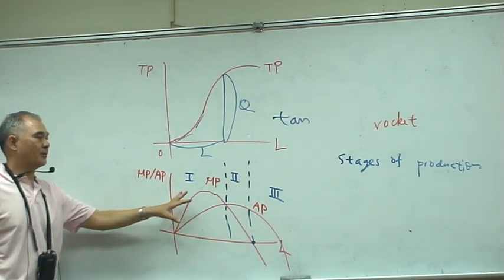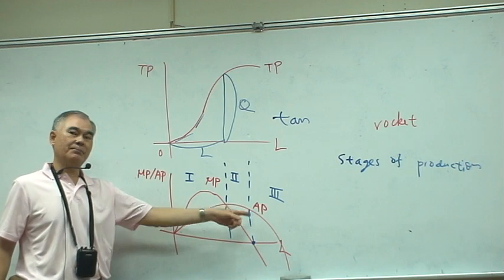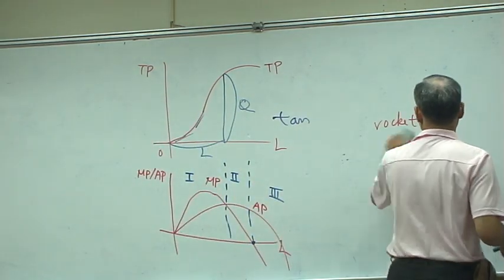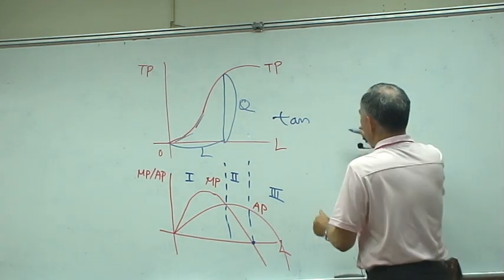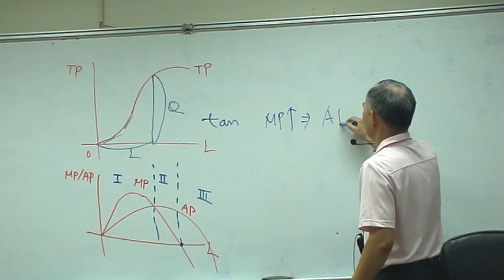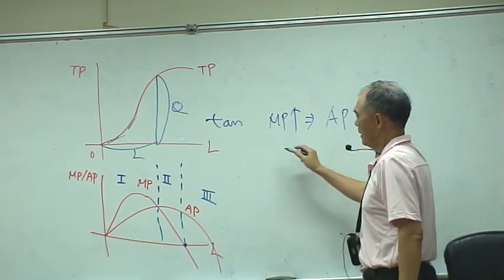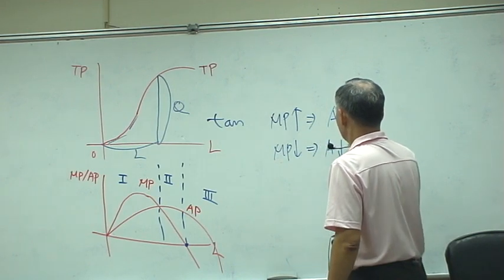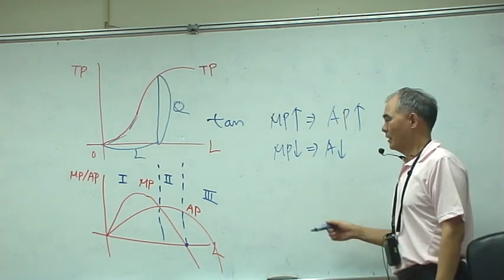And here I'm going to talk about the relationship between MP and AP, okay? So when MP goes up, AP goes up. If MP goes down, AP goes down. So what does that mean?